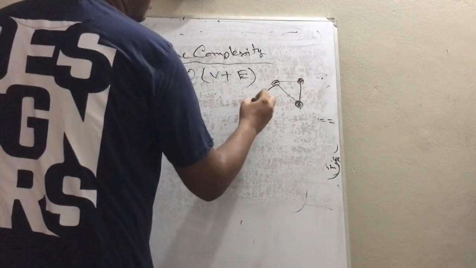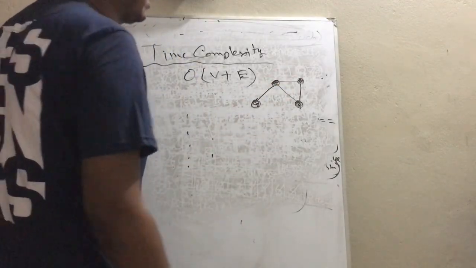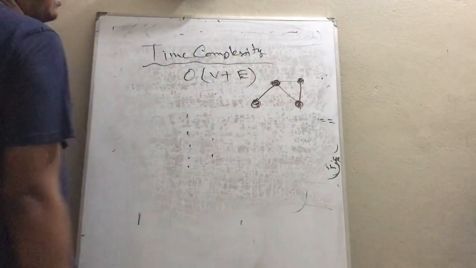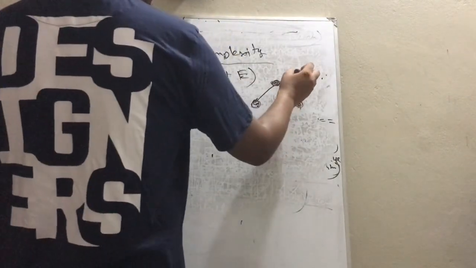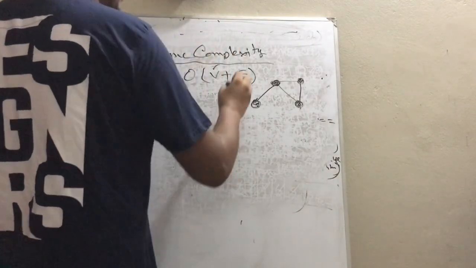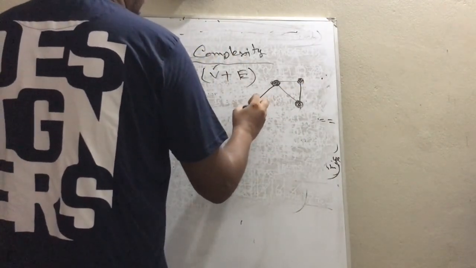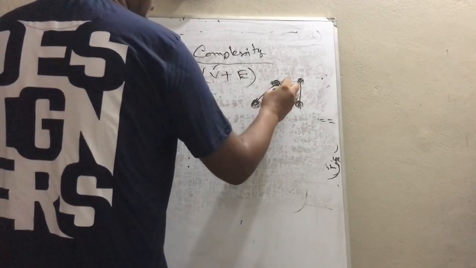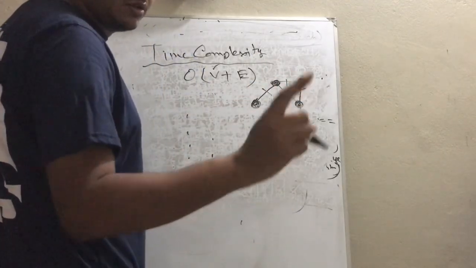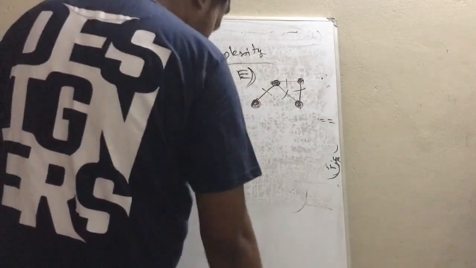Why once? Because we maintain a visited array and no vertex is deleted twice. So big O of E. And why E? Because every vertex is deleted once, so one edge is also traversed once. So vertex plus edge.